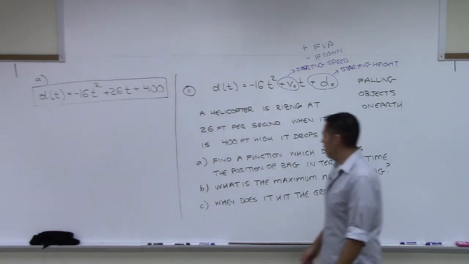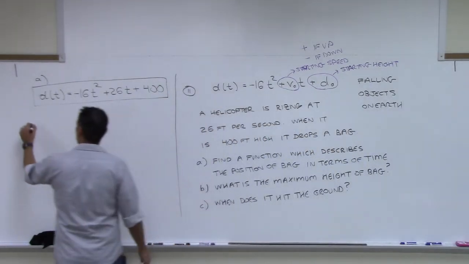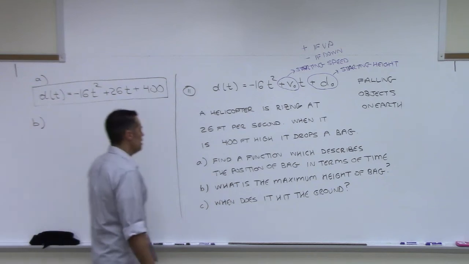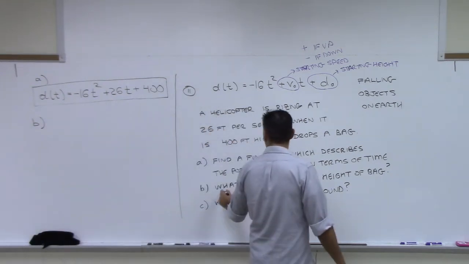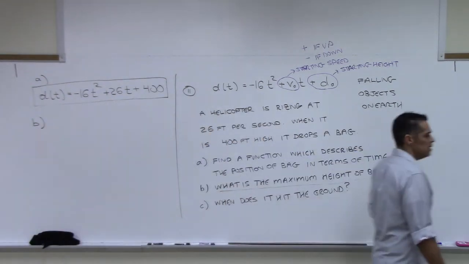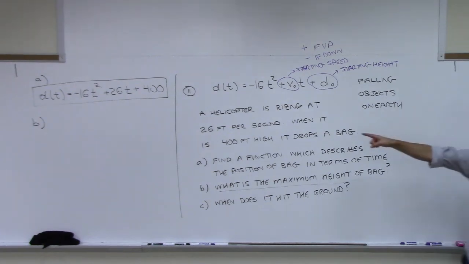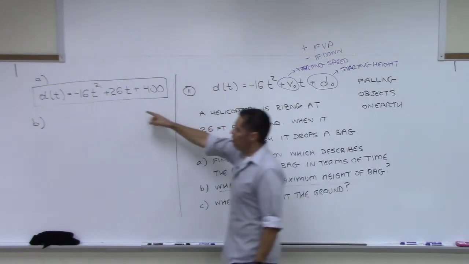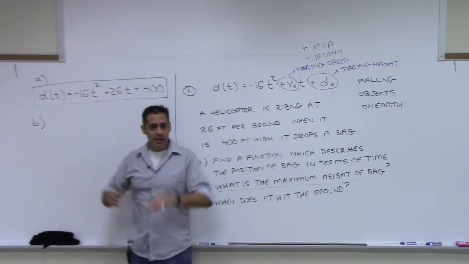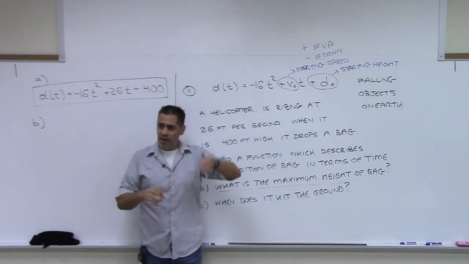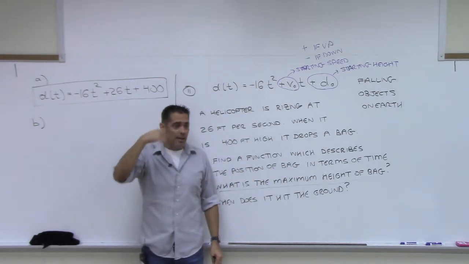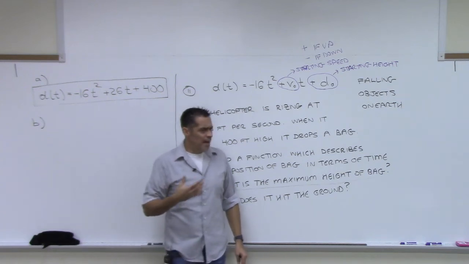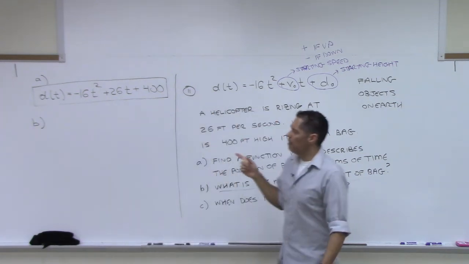So that's part A. Part B, find what is the maximum height of the bag? So if that's a quadratic function, which opens down because it's got a negative, then it's going to have a highest point. And that's what we want to find. What do we call the highest point on a parabola?